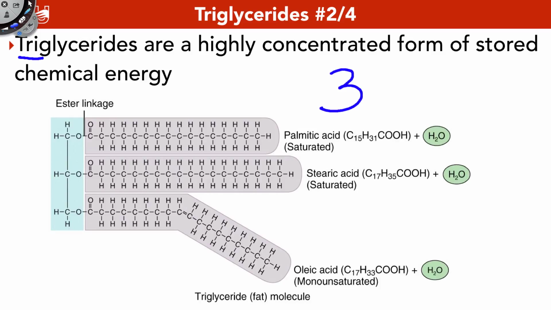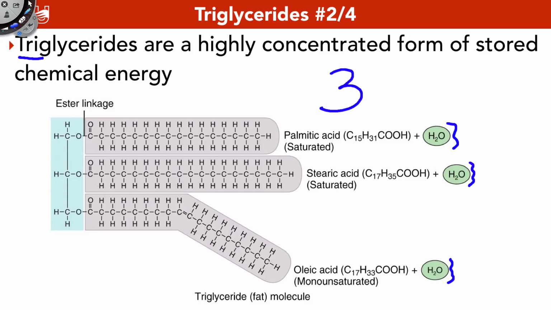Now, I want you to notice a few things. Do you see after every one of these, we have an H2O, an H2O, and an H2O? What this is saying is that to connect this to the glycerol, we had to remove a water, a dehydration synthesis, or as we called it before, a condensation reaction.